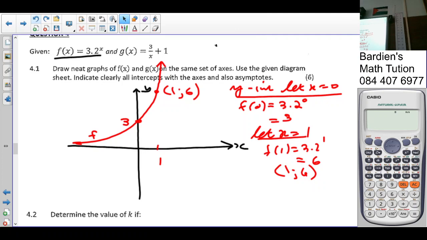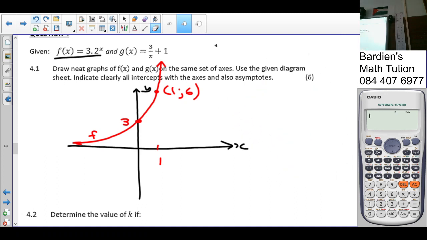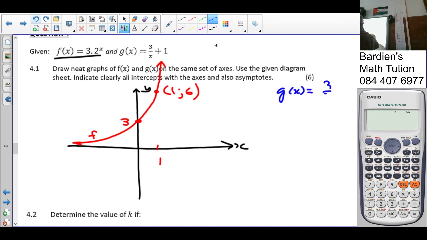Right. Let's look at the other graph. The g of x graph. The g of x equals 3 over x plus 1. This has two asymptotes. There's a horizontal asymptote at y is equal to 0, which is on that line there. Why? Because this denominator can't be 0, otherwise the sum will be undefined.